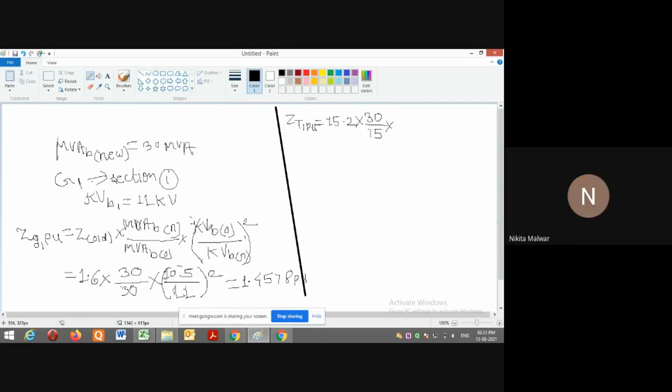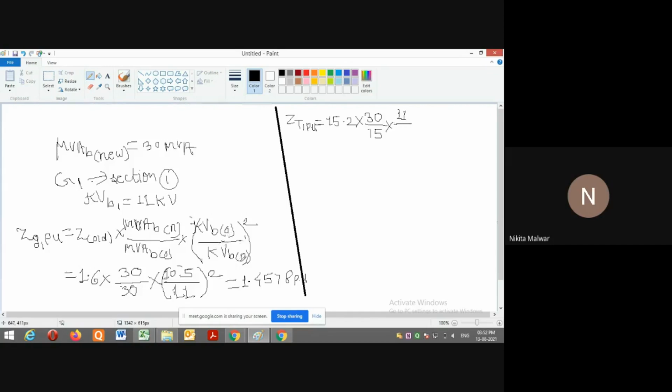This kV base old will be considered either from the primary side or the secondary side of the transformer. Let us consider the primary. The voltage ratio for transformer 1 is 11 by 33, so the primary side value for kV base old is 11 kV.